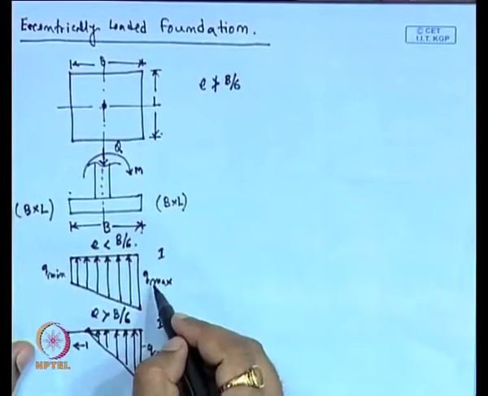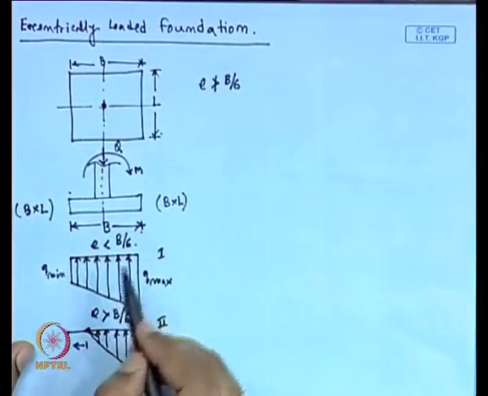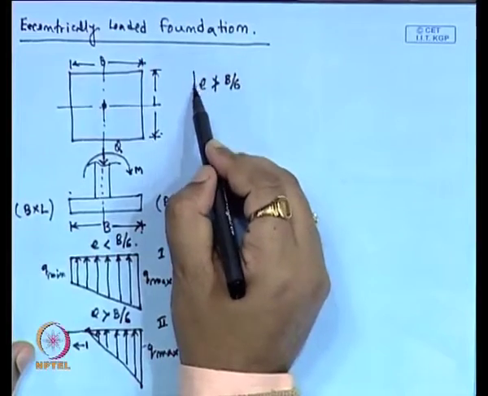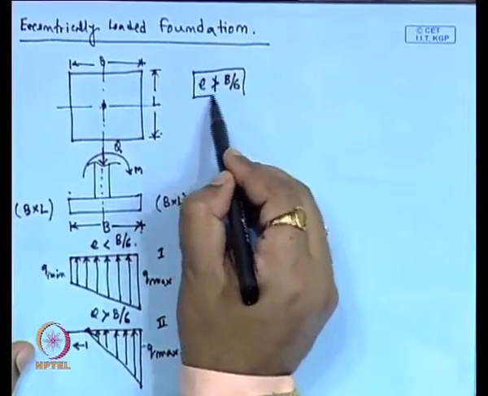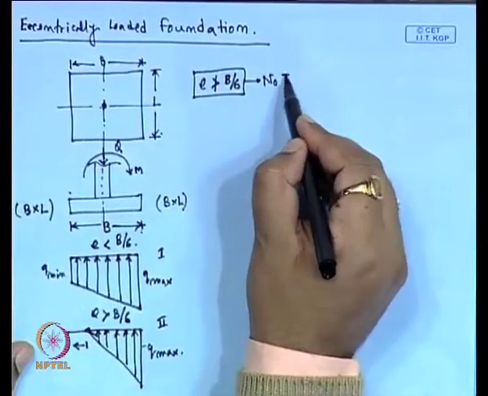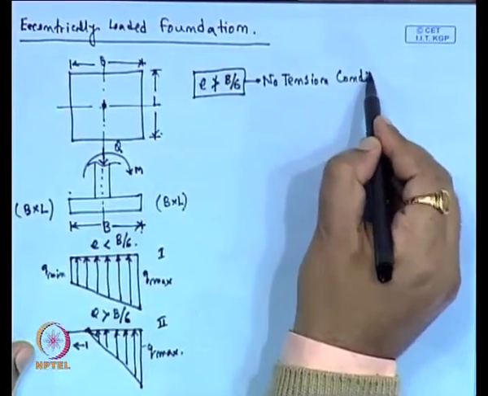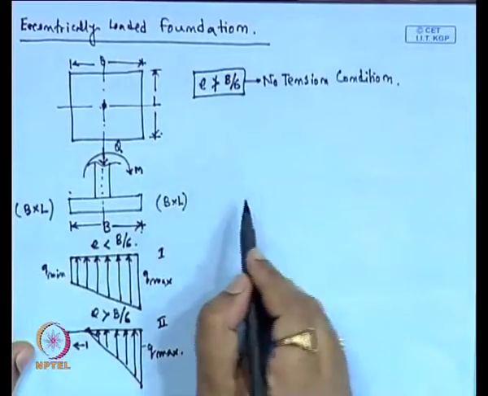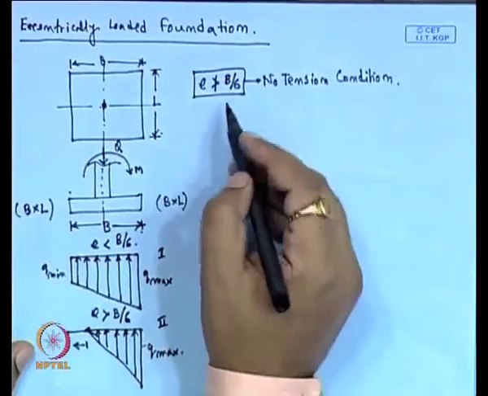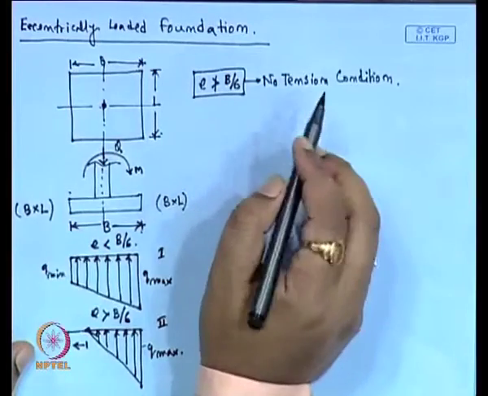This is the no tension condition. So E will always be less than or equal to B by 6.